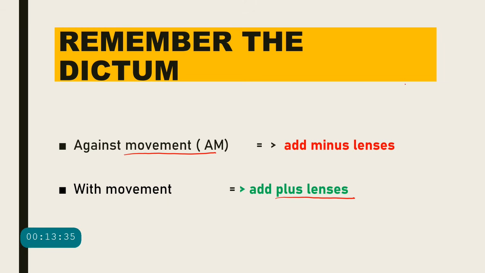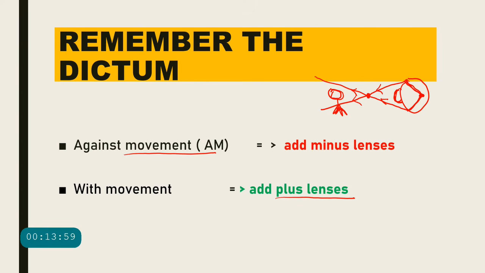Now, when do you get against movement? We know in myopes, when the far point is already reached, the rays have converged at a point and the examiner is sitting beyond the far point. He is looking at the rays which have already converged, and we know that in myopia the rays are focused in front of the retina, and therefore the far point is also present at less than infinity.